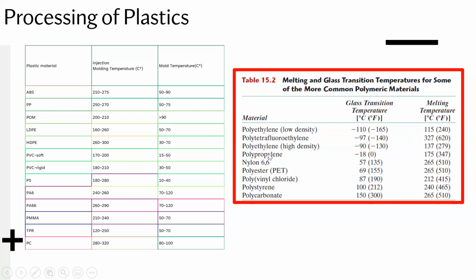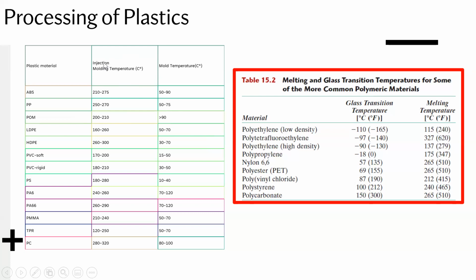So here you've got, for instance, polypropylene, you have a melting temperature of 175C, and here the mold temperature. So there are two temperatures here. This is the processing temperature, in which case we've got injection molding as our process, and we'll explain how injection molding works in a second. But let's say we've got a particular process here, but generally the temperature is common among different processes.